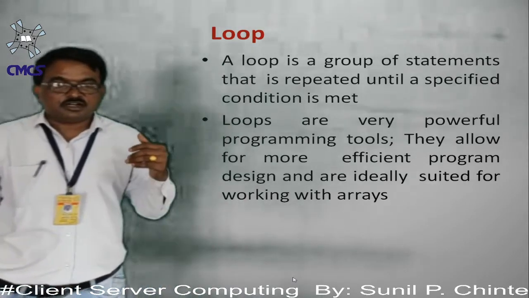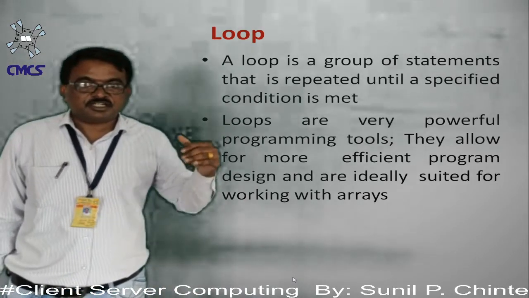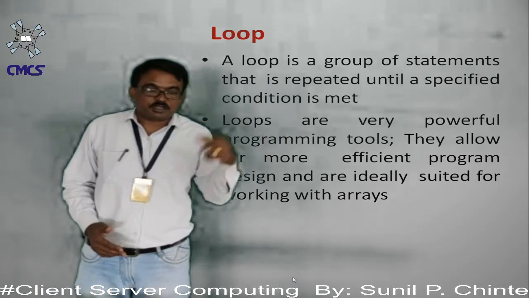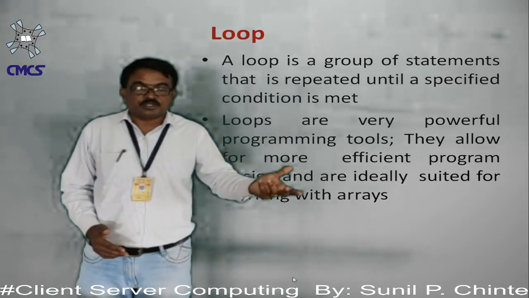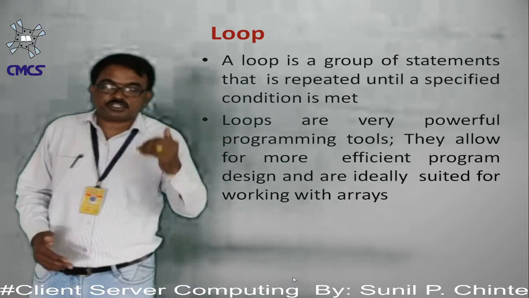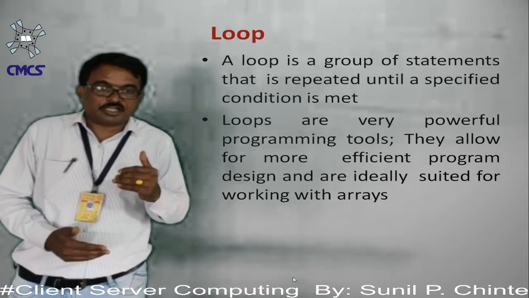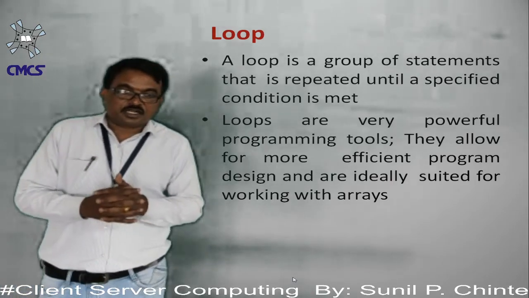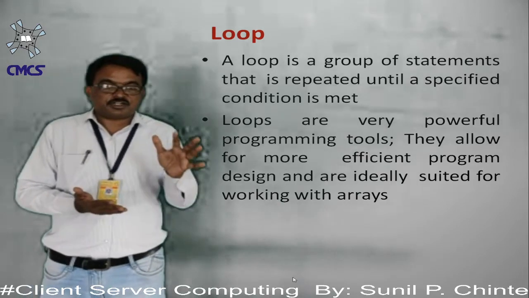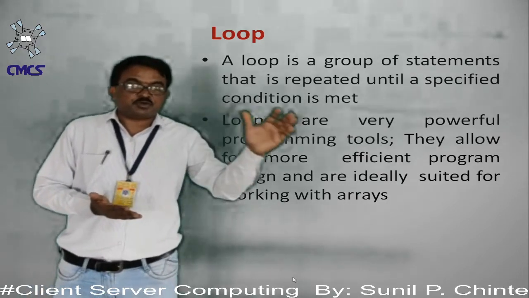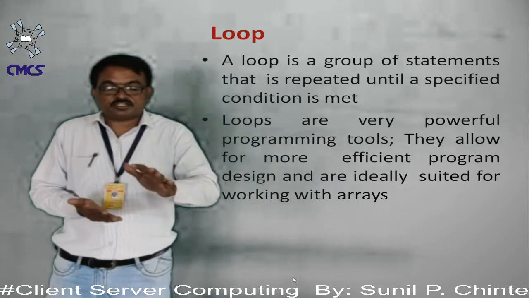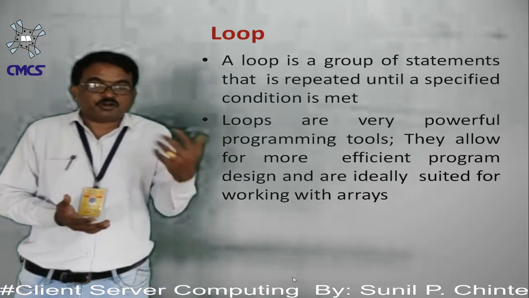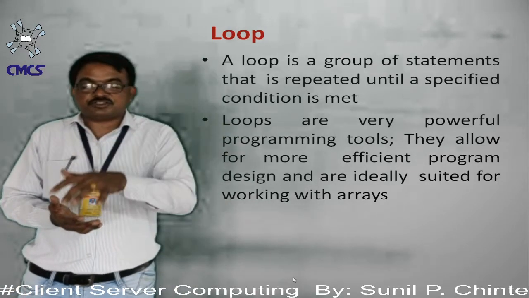A loop is a group of statements that is repeated until a specified condition is met. It means if you want to execute some statement repeatedly for finite times, till the condition is true, as long as the condition remains true, that time we use the loop. Did you understand when to use a loop? If you want to execute a statement repeatedly for finite times, until when? As long as the condition is true. As soon as the condition becomes false, the execution should come out of the loop.